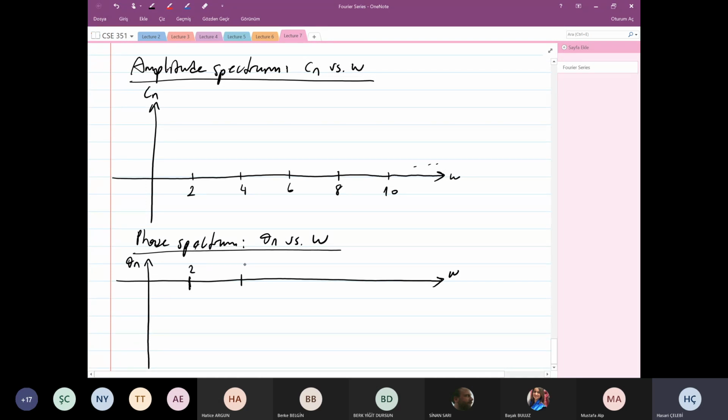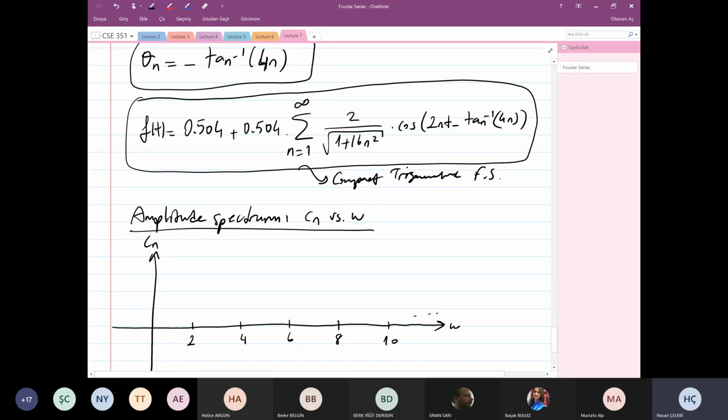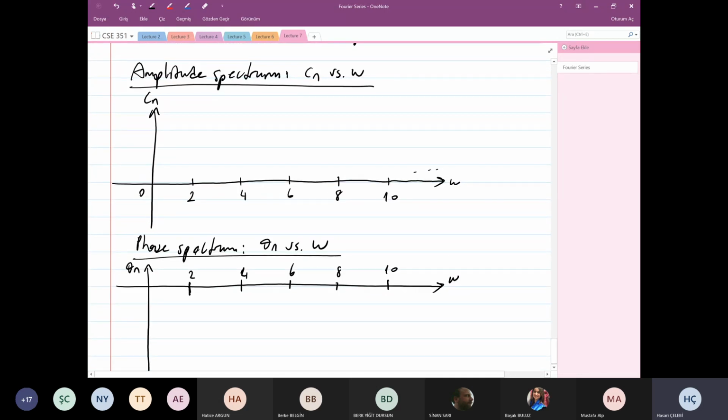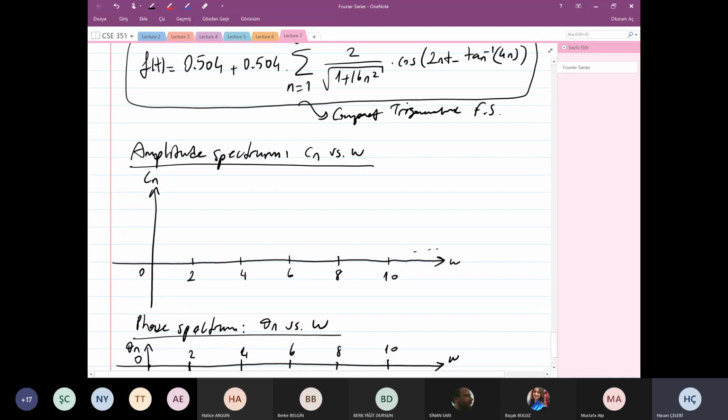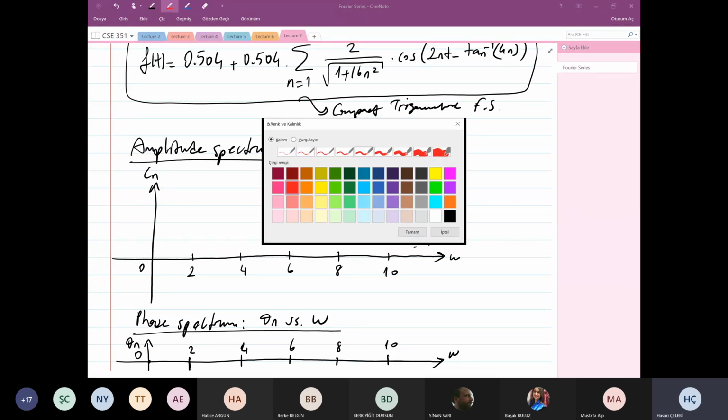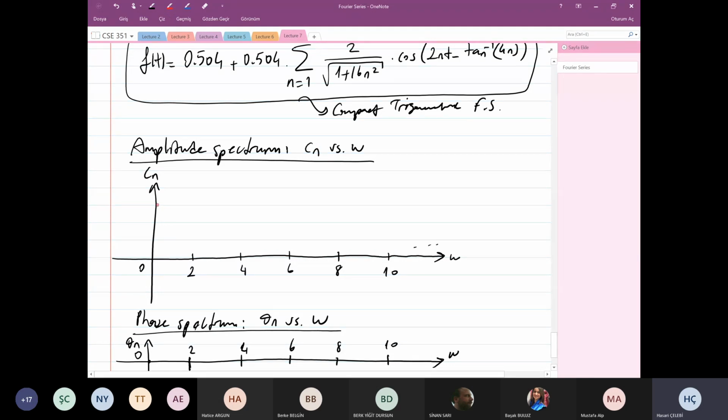You're going to evaluate this signal starting from 0. So when n is equal to 0, Cn is going to be equal to 0.4 because of this value, right?